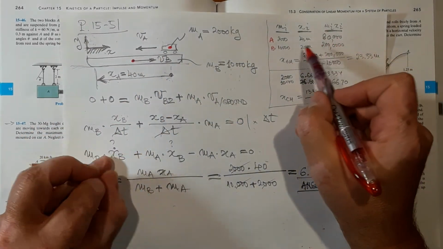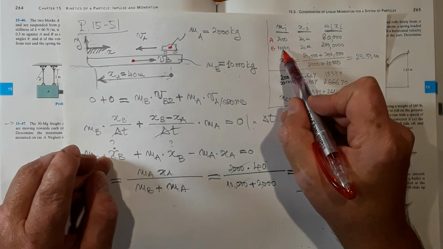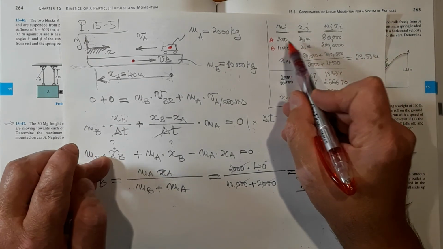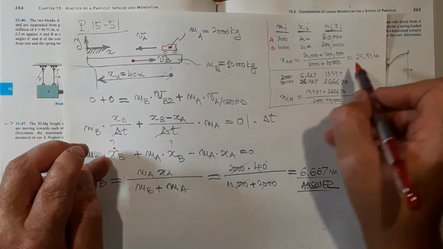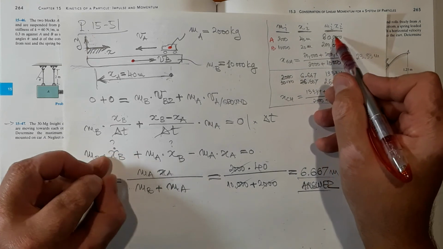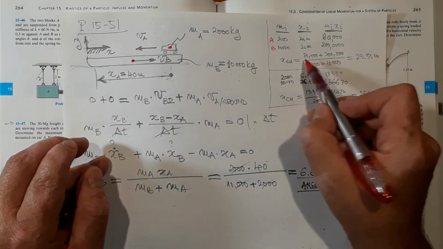And then you calculate the product MI times XI, that is MA times XA, MB times XB. Applying the formula, sum of MI XI over sum of MI, it's what I did.